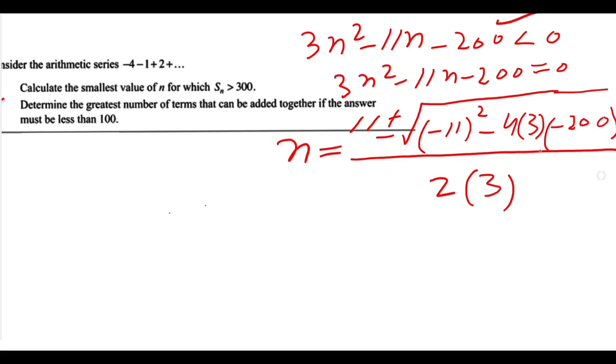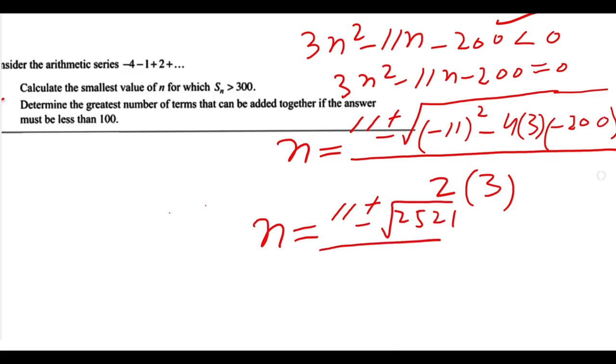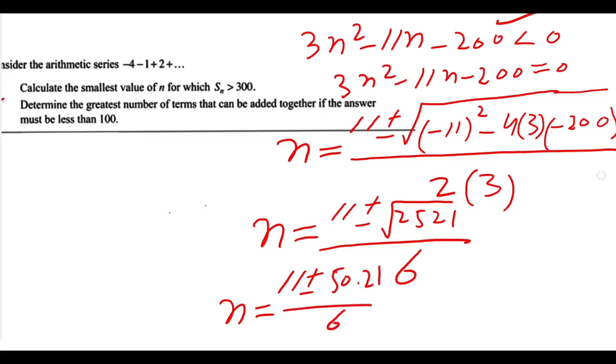I substitute into the quadratic formula. It is equal to 11 plus and minus the square root of 2521, over 6. I open up the square root, and the answer is n equal to 11 plus and minus 50.21 over 6.